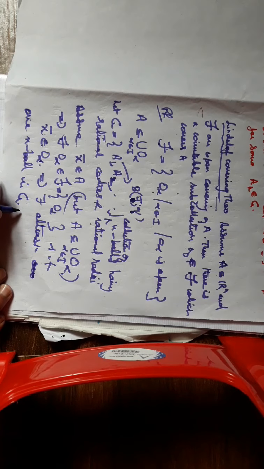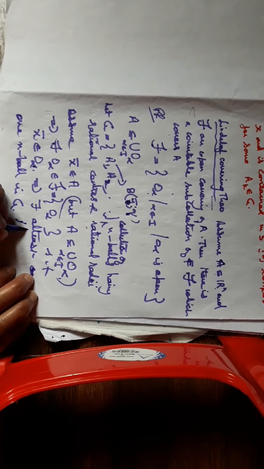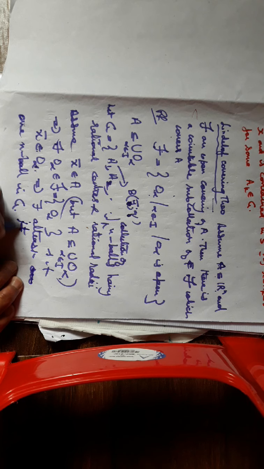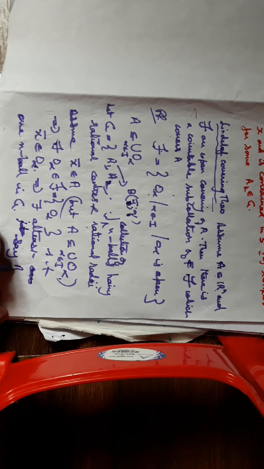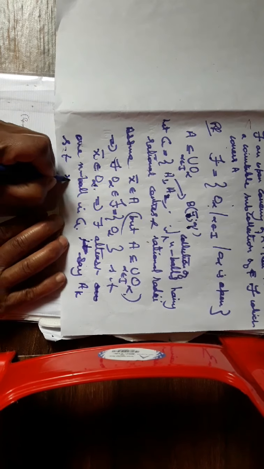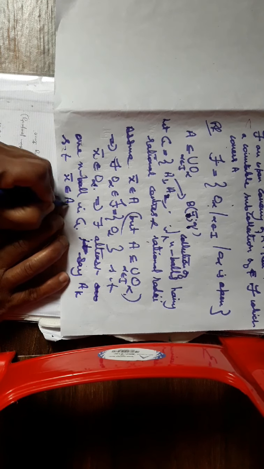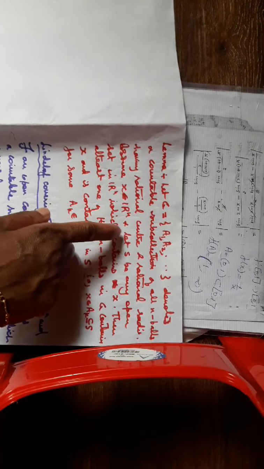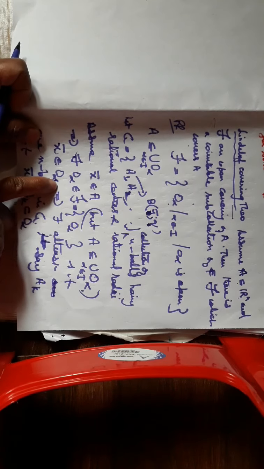G is a collection of all n-balls having rational center and rational radii, such that there exists at least one n-ball in G, say AK, such that x bar is contained in AK and AK is contained in O alpha. With the help of this lemma, you simply replace this S by O alpha.